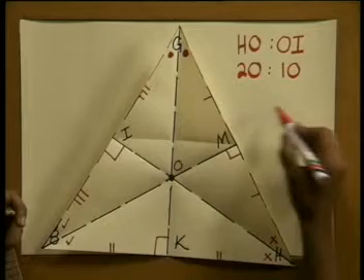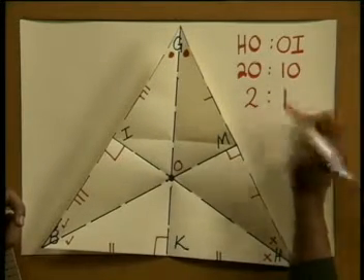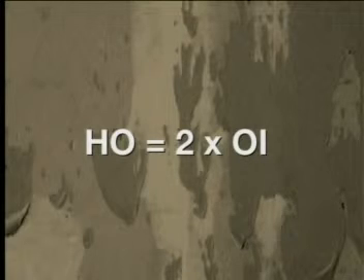So if we write this relationship, we see it is in the ratio 2:1. We can write this ratio in a formula: HO equals 2 times OI. So this means that 2 lengths of OI is the same as 1 length of HO.